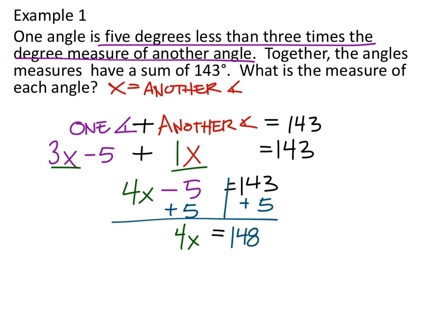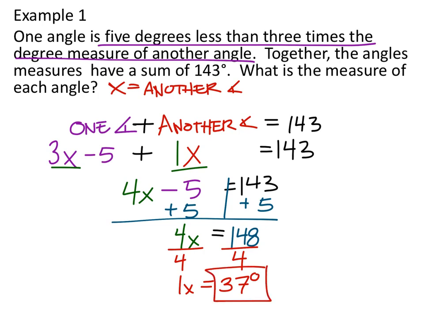Finally, I don't want 4x's, I want 1x. So how do I get 1x from 4x? I'm going to use the division property of equality and divide both sides by 4. 148 divided by 4 is 37. Now, the question was, what is the measure of each angle? Well, the 37 degrees is just one angle.